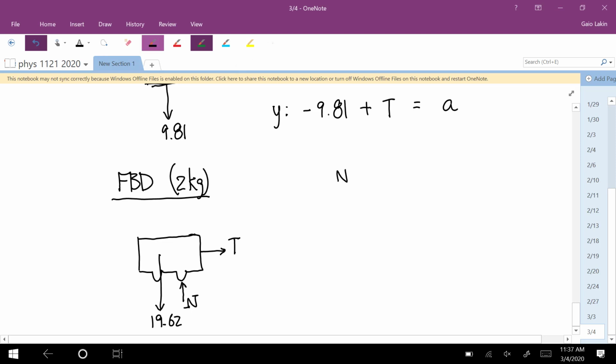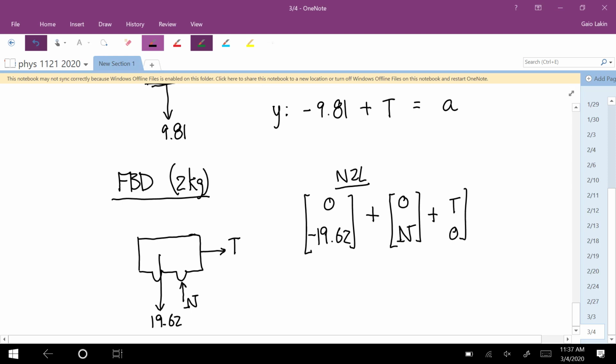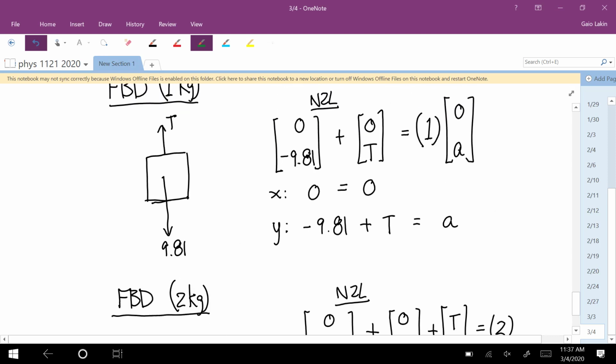And then Newton's second law says 0, negative 19.62 plus 0N plus T0 is equal to the mass times the acceleration. So now this acceleration of this one has to be in relationship to the first one that we already named.